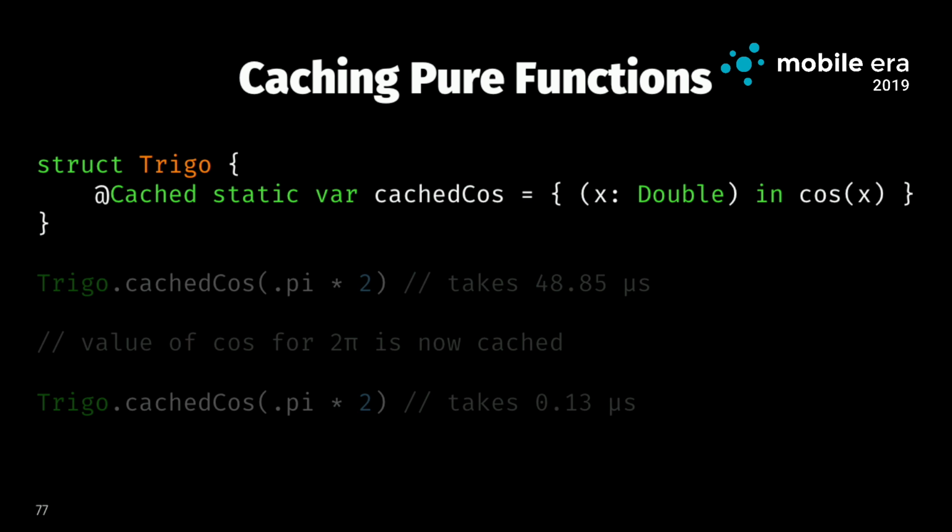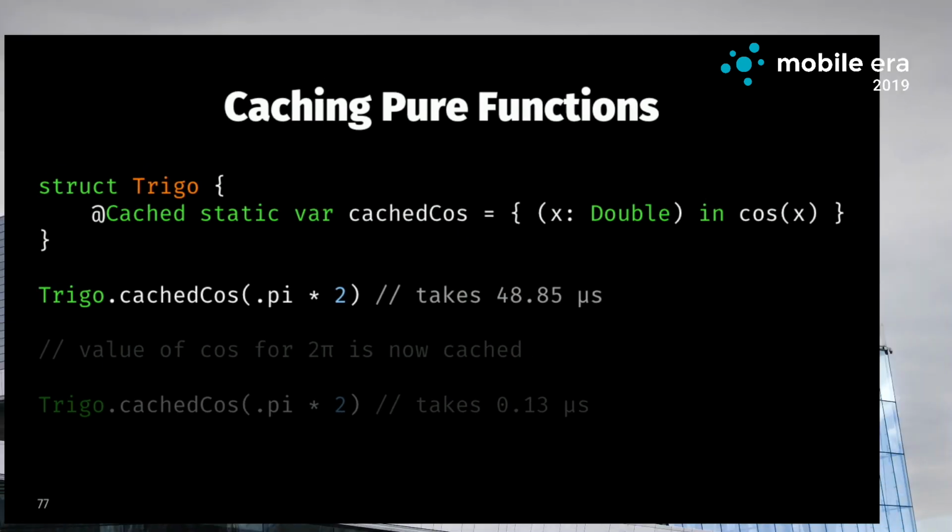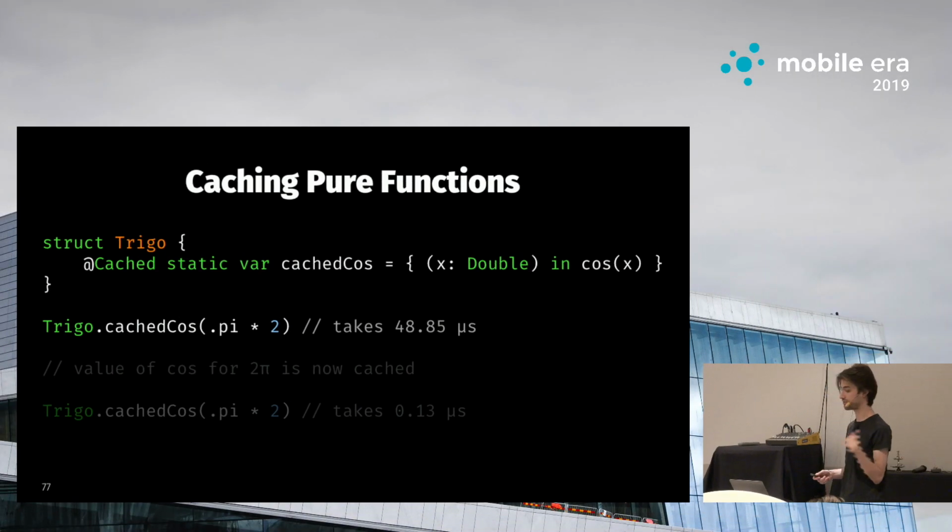To do this, we have our struct. We say, okay, I want to have a static var, which is a function, which is a cached version of the cosine. So we decorate it with the @cached attribute, and then we set a value, and this value is just calling the cosine function. And then if we run this code, if we call it the first time, so we ask to get the cosine of 2 pi, it makes the computation.